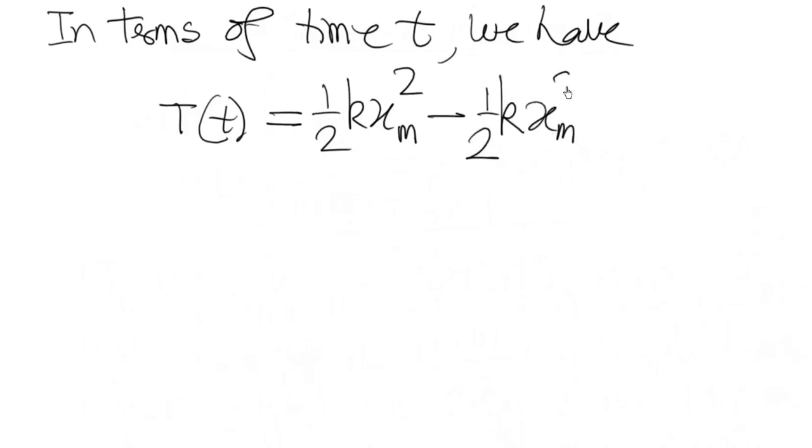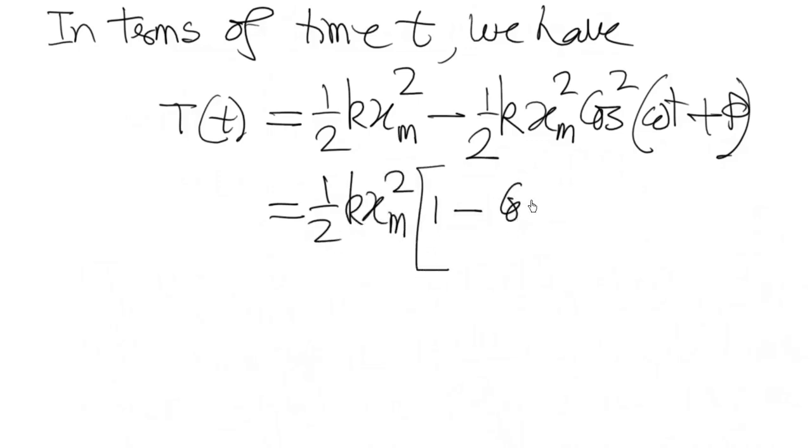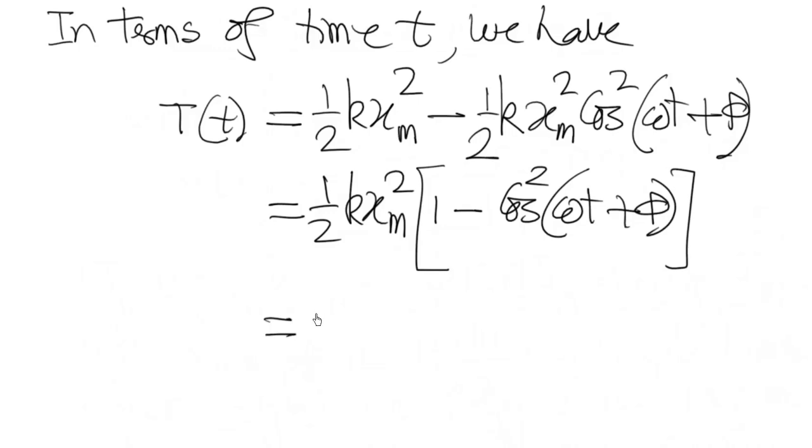X means xm square cos square. Okay, and if you take common 1/2 k xm square, then you have 1 minus cos square, which is 1/2 k xm square. This is sine square.